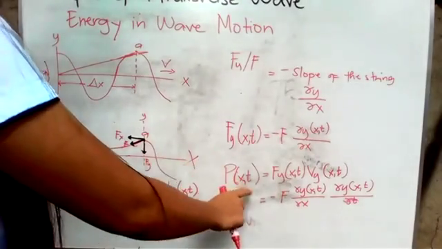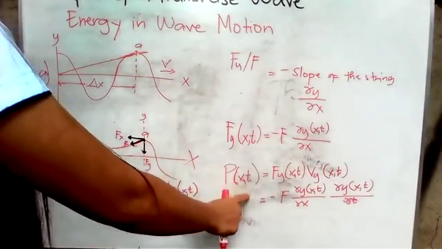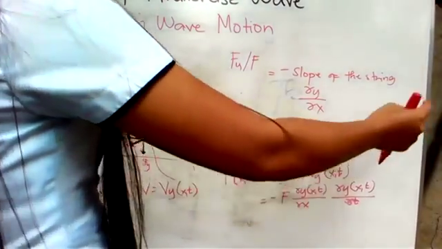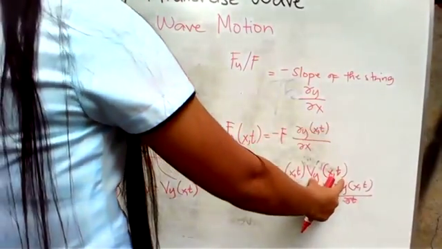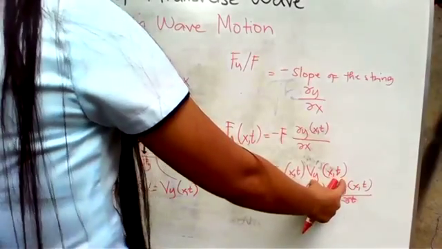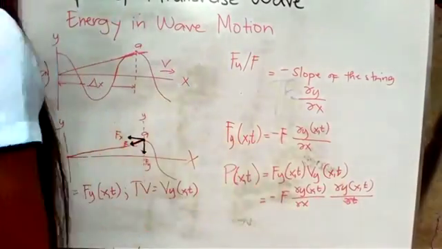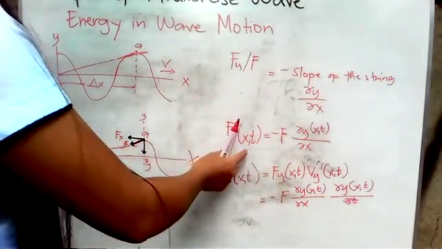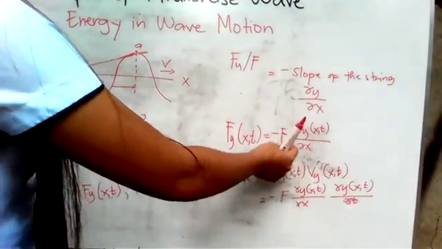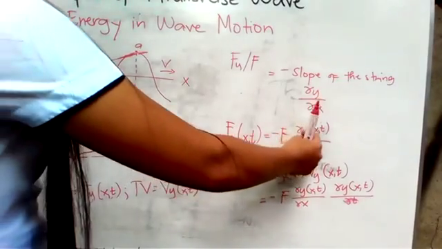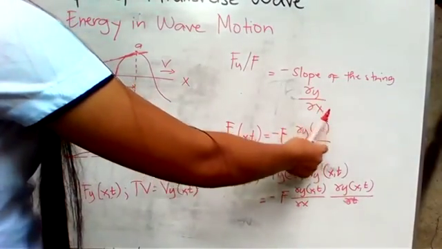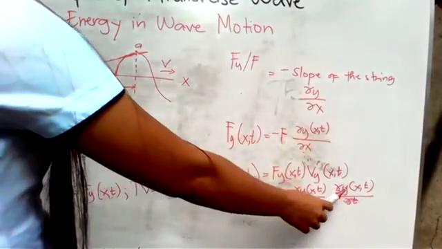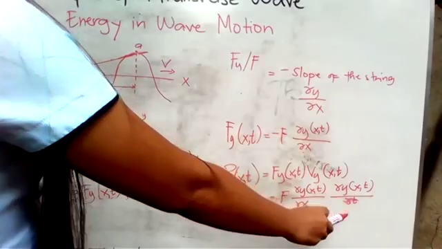So the rate of doing work, P as a function of x and t, is equal to Fy as a function of x and t times Vy, the transverse velocity, as a function of x and t. Since Fy as a function of x and t is negative F times the partial derivative of y with respect to x, we substitute, and then our Vy.